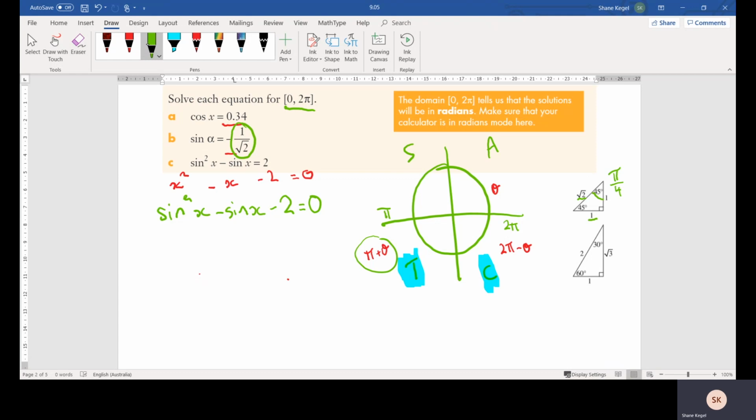So I can factorize that, and I should get sine x take 2 and sine x plus 1 equals 0, which tells me that for the left bracket to equal 0, sine x must equal 2, or sine x must equal -1.